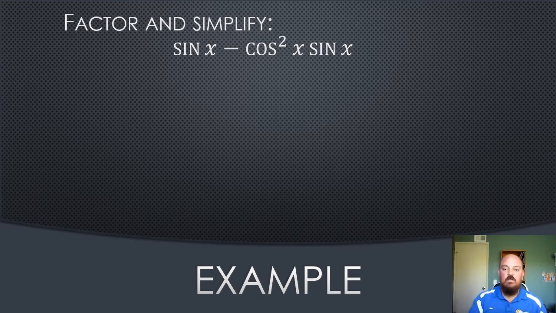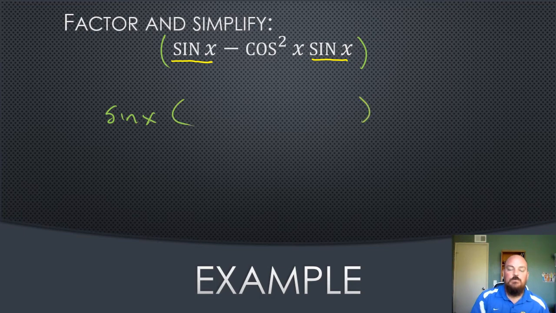As soon as I look at this question, I notice I have a sine x right here and a sine x right here. That's a common term that you can factor out. Factoring out means reverse distributive property, where you divide it and bring it out front. So I'm going to think of this like it's in parentheses. I'm going to divide or factor the sine x out and then see what's left over.